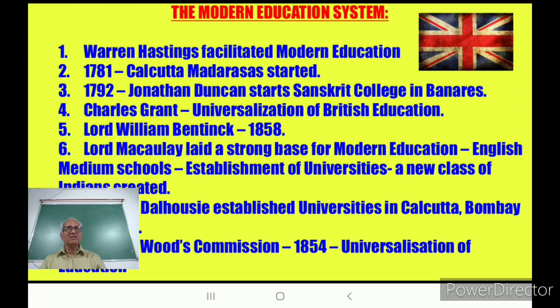In 1792, Jonathan Duncan started a Sanskrit college in Benares. He was interested in making people learn more and more Sanskrit. Charles Grant said we have to universalize British education in India.